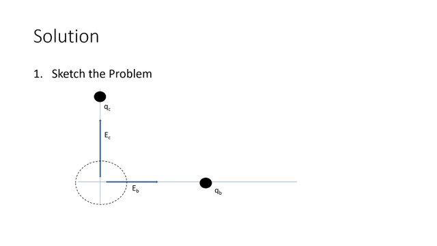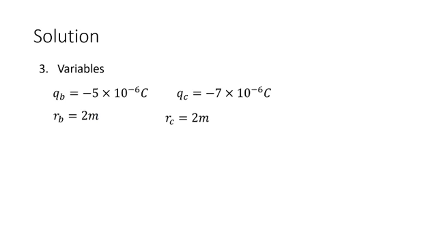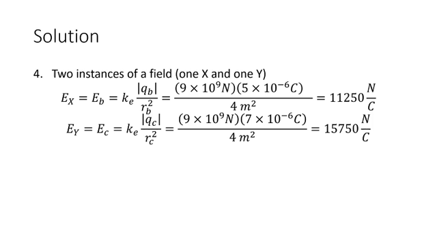Then I look at all of these variables, and we know that we have two negative charges, and the two distances are the same. So I realize that I have one x component and one y component, where it's kq over r squared.